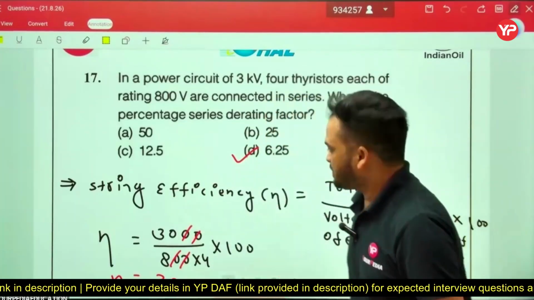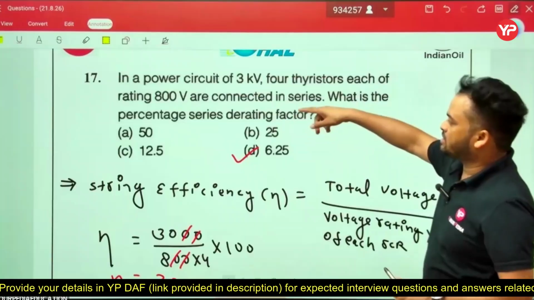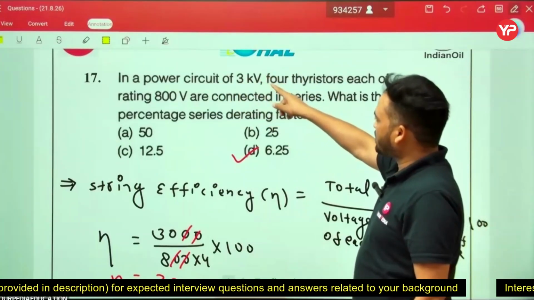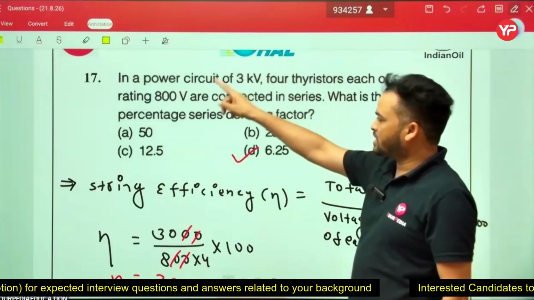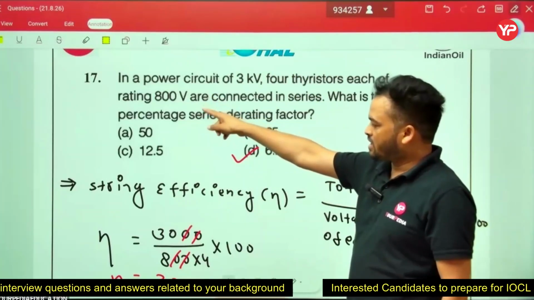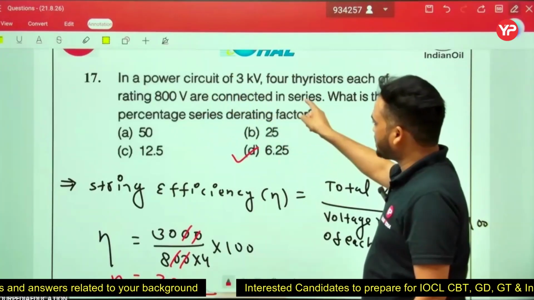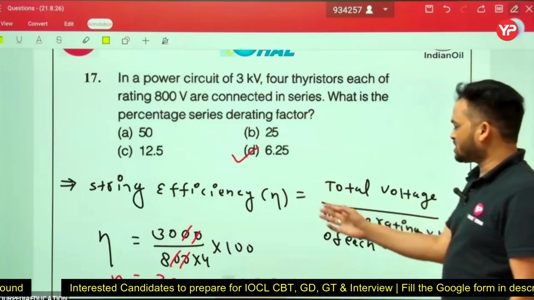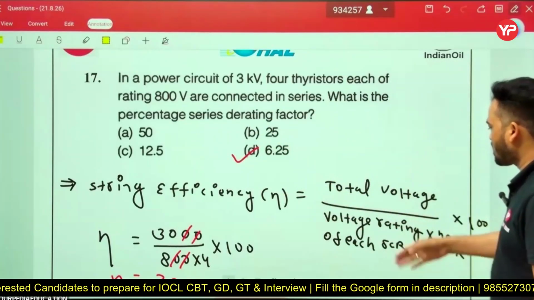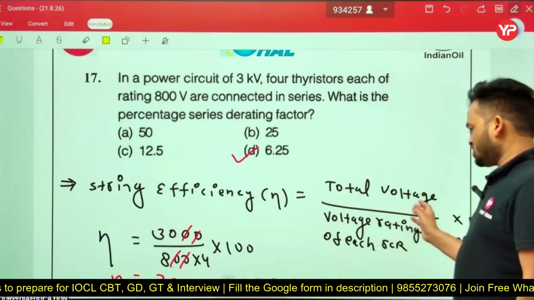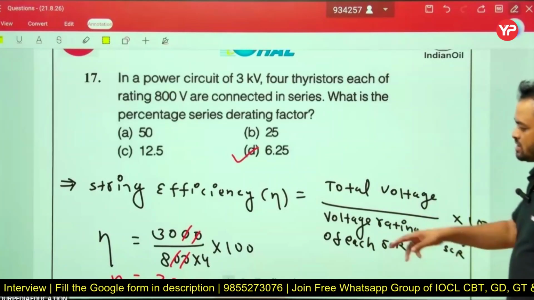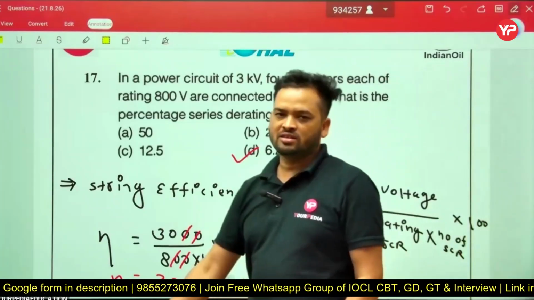If this question is related to current, like in a power circuit of 3 kilo ampere, 4 thyristors each of rating 800 ampere connected in parallel, what is the percentage derating factor? Then in string efficiency we use total current over the current in each SCR times the number of SCRs in parallel operation, into 100. The remaining portion remains the same.